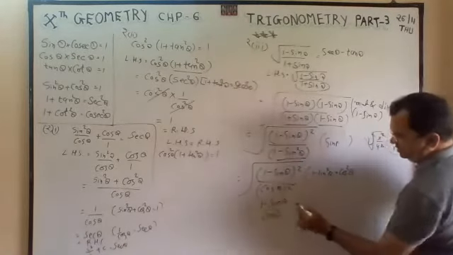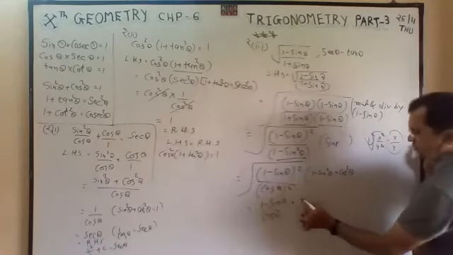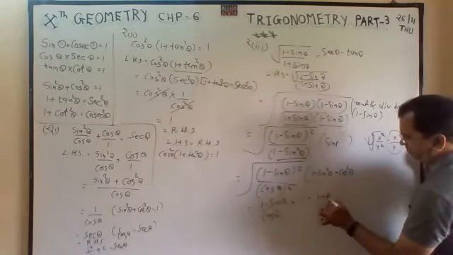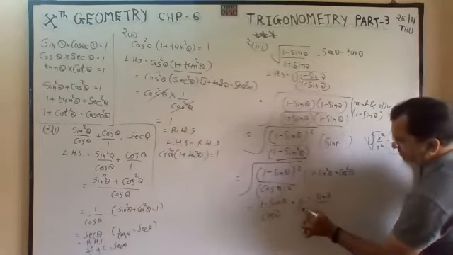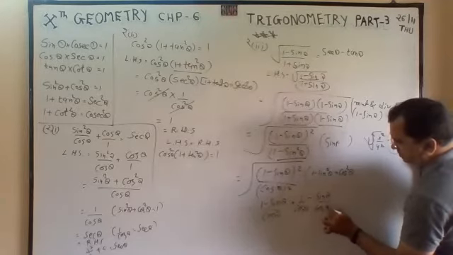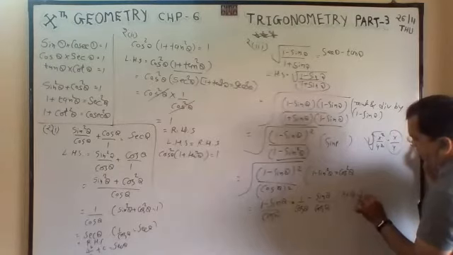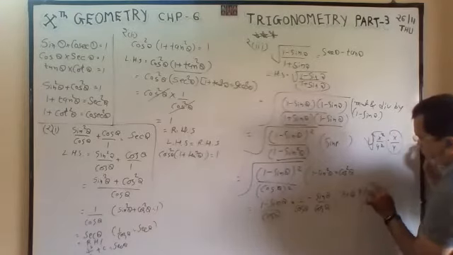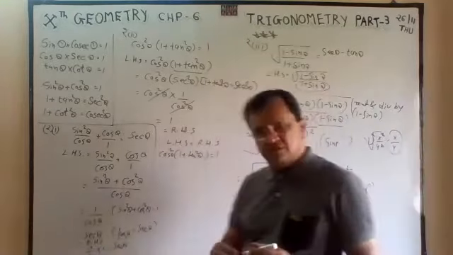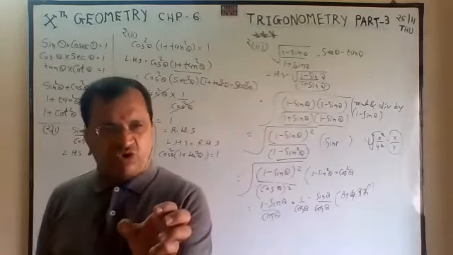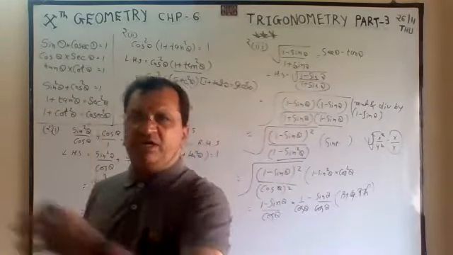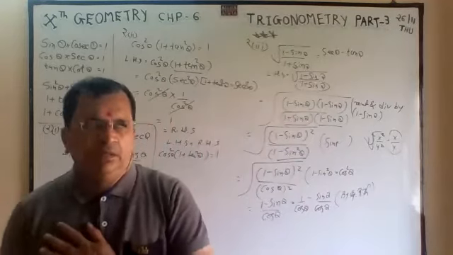Then under this I am writing this side: 1 minus sine theta, separate division, cos theta, right, by equal ratio theorem. If the denominator is common, you can give that same denominator to all.